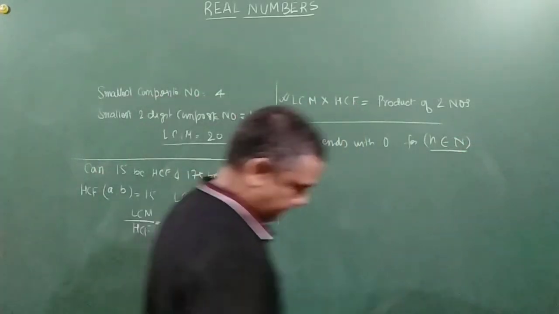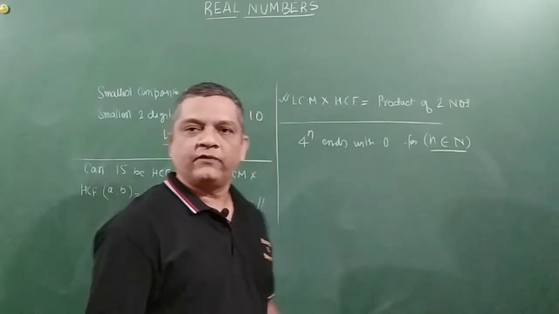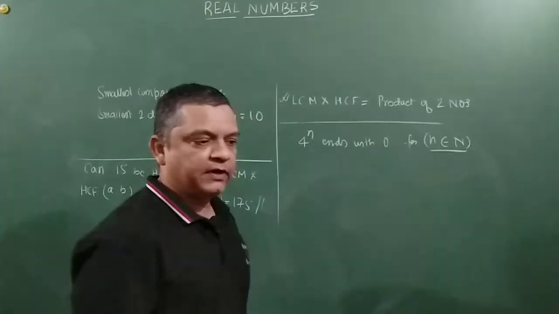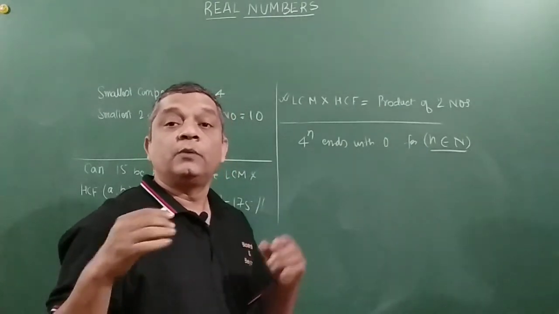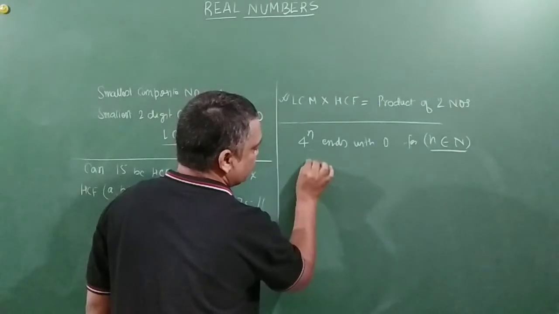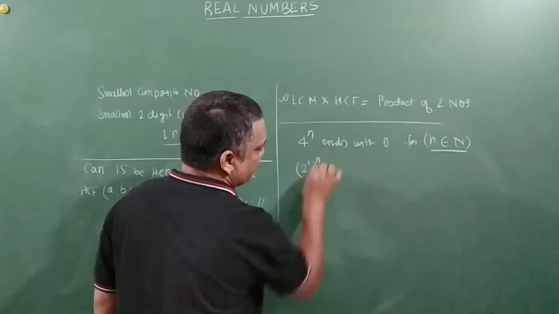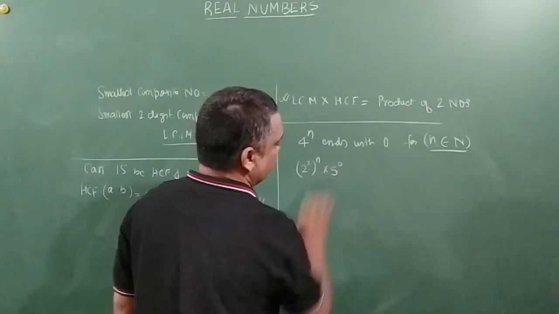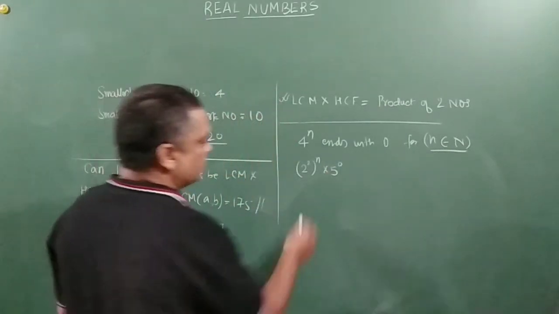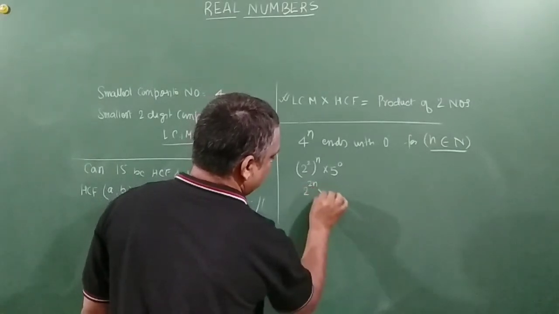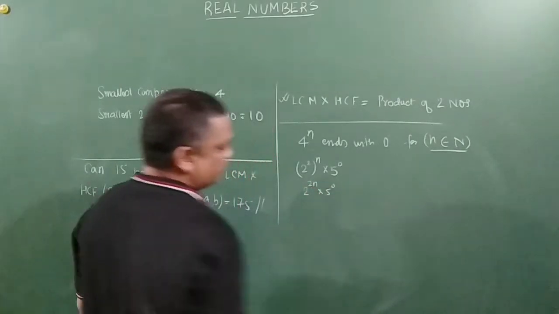So friends, for this type of questions, whatever is the question given, we try to break it into powers of 2 and 5. So can this be written as 2 square whole raised to power n into 5 raised to power 0? Correct? So 2 raised to power 2n into 5 raised to power 0.